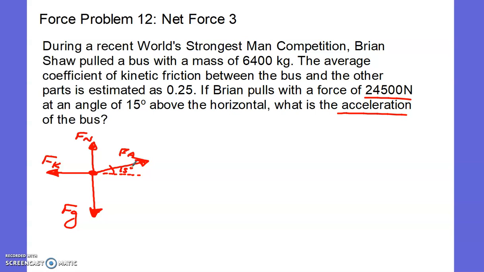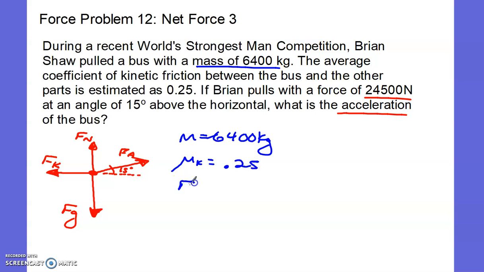We want to figure out the acceleration of the bus based on all of this. We're going to start by writing down our givens. We are given the mass of the bus is 6,400 kilograms. We are also given that the coefficient of kinetic friction between all the moving parts is 0.25.